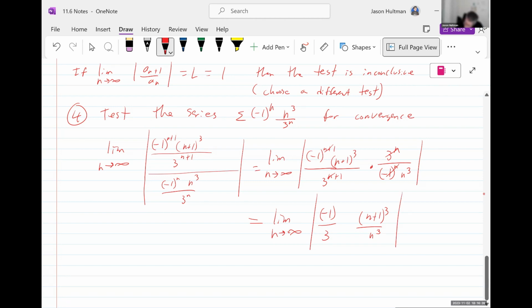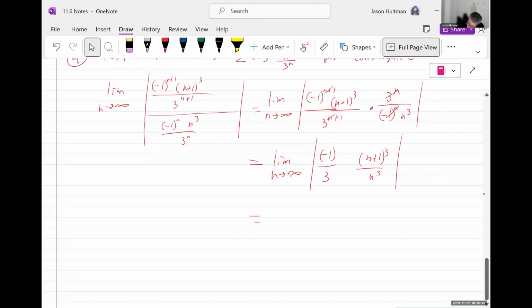And let's see what we can do with that. So this equals the limit as n goes to infinity of negative 1 over 3. I'm going to bring this inside. This is just n plus 1 over n cubed. Okay.